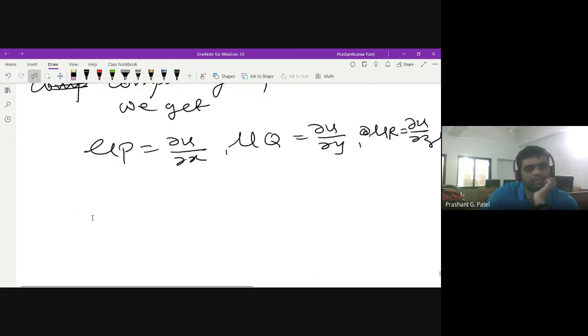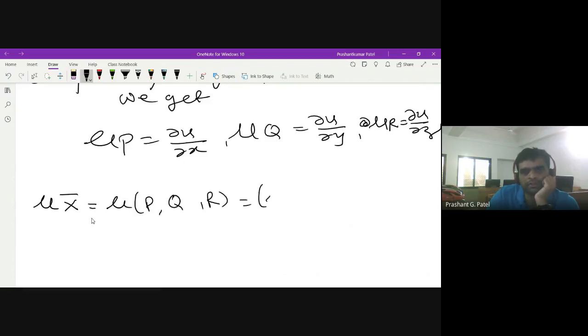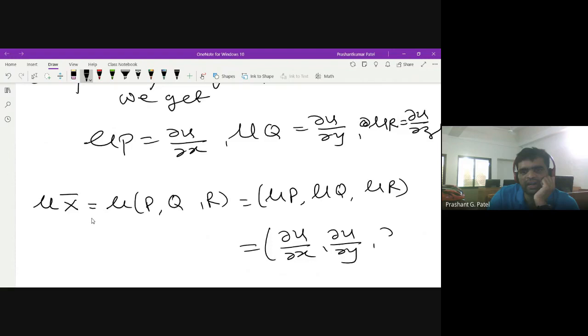That means what is mu into x bar? Mu into x bar is mu into P, Q, R. That is mu P, mu Q, mu R. But mu P is del u by del x, del u by del y, and del u by del z. What is this?